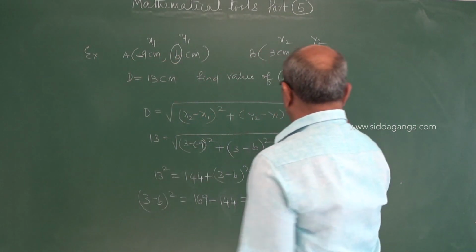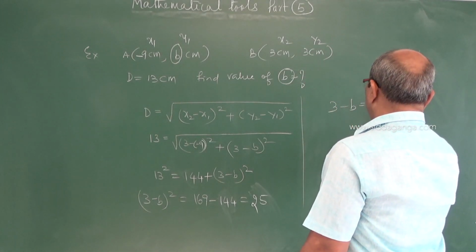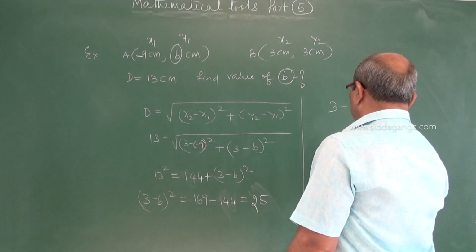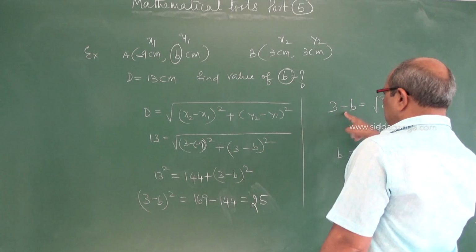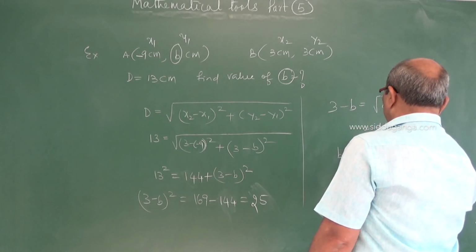Then 3 minus b is the square root of 25, which is plus or minus 5.